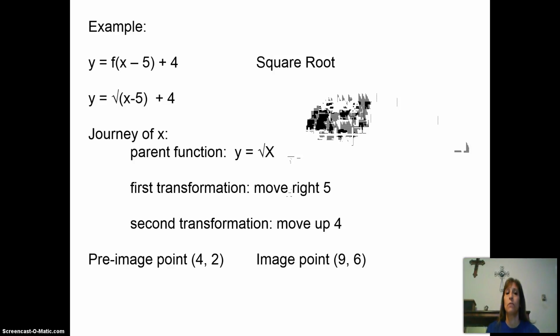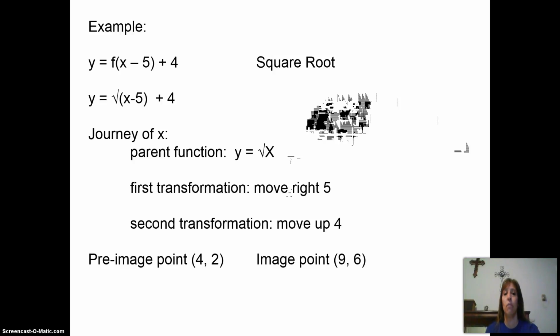The first transformation is on the inside of the parentheses, so it affects the x value, so you're moving left or right, and you do the opposite of whatever it says. It says left 5, so you're actually moving right 5. The second transformation is that it moves up 4, and that's the plus 4.